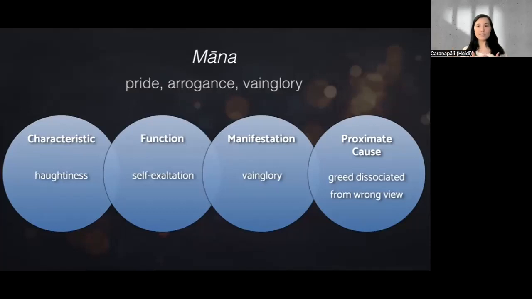So at that time, it does not associate with Diṭṭhi. So the cetasika Māna only arises in those Lobha Mula Citta without Diṭṭhi. Okay. So that's why here it says dissociated from wrong view. It's a different object.